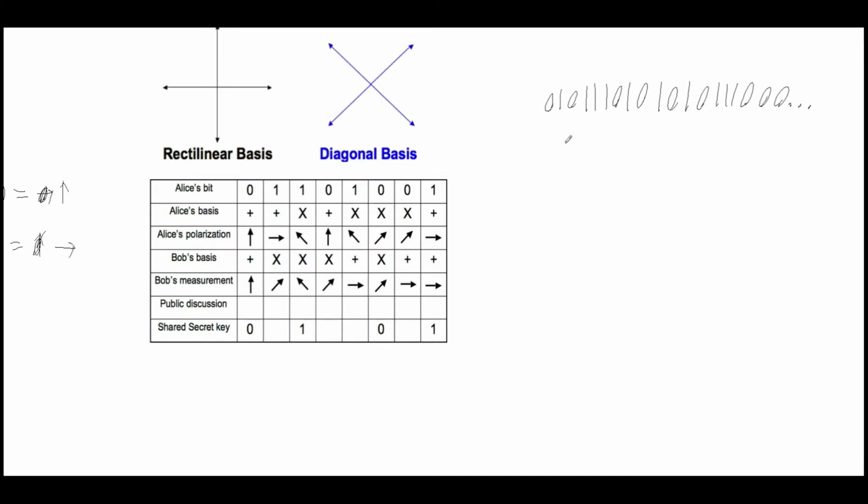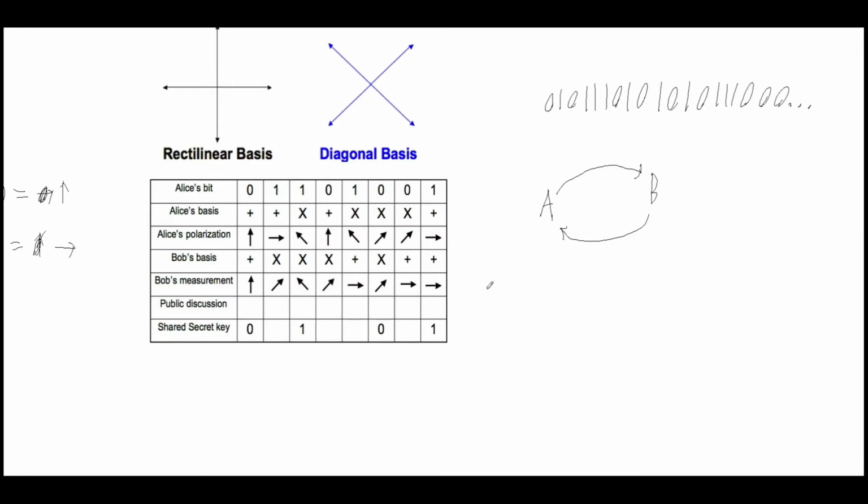But then Alice can, even over an insecure line, tell Bob which basis she used for each of these, and then Bob can tell Alice the bases he used for receiving them. And so they can filter everything out.